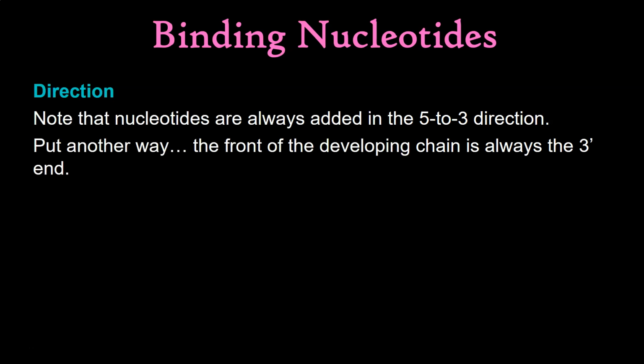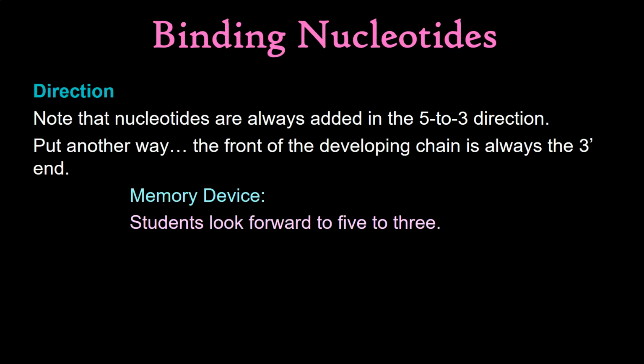Another way to say the same thing is that at the front of a developing new strand of DNA is always the 3 prime end. Now that's going to sound really weird. Before I give you some illustrations of how that works, here's a little memory device that works for me. Students look forward to 5 to 3.